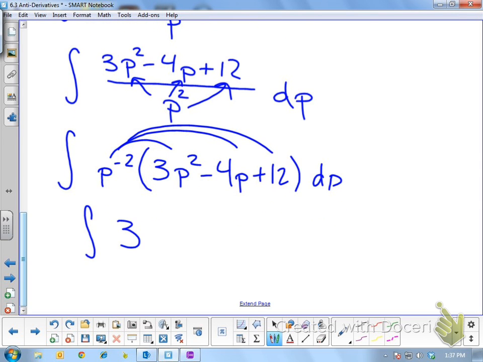We have p to the negative 2 times negative 4p. What do we do with exponents when we're multiplying? Add them. Negative 2 plus 1 is p to the negative 1. P to the negative 2 times 12, there's nothing to combine. So it's 12p to the negative 2.